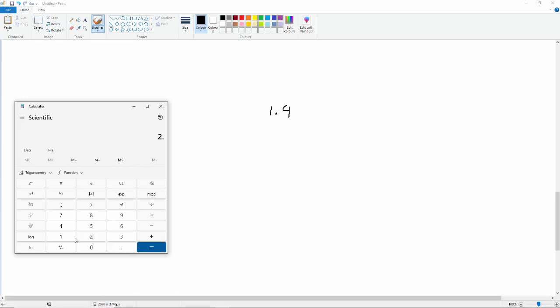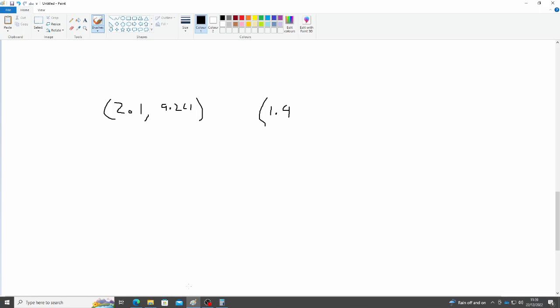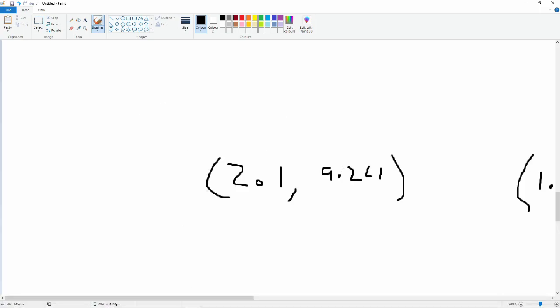So that's 2.1 times 2.1 times 2.1 is 9.261. So that's my one point. And my other point is 1.9. Let me just make that 6 look more like a 6.